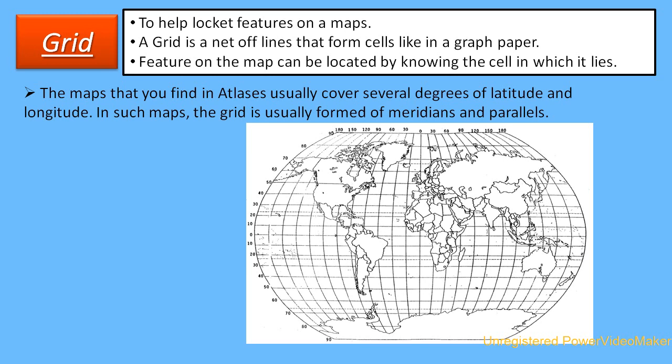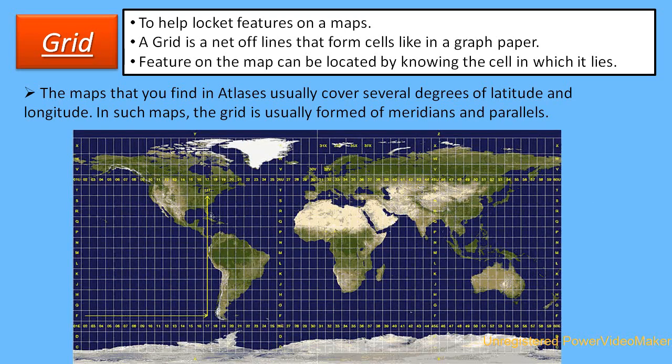In such a map, the grid is usually formed with the help of meridians and parallels, or the latitudes and the longitudes. In other words, we can say vertical and horizontal lines. One more picture we will look at.